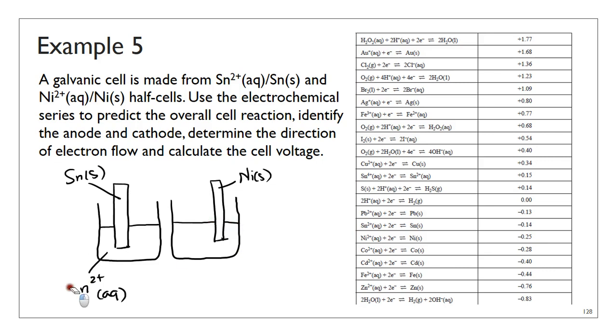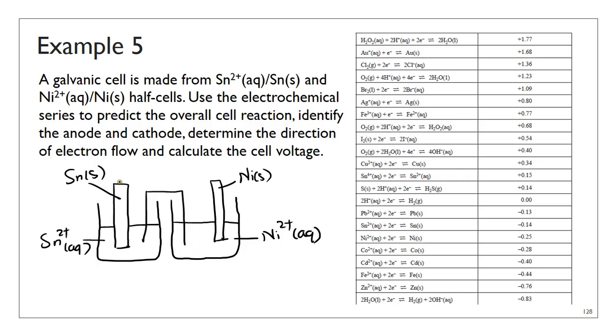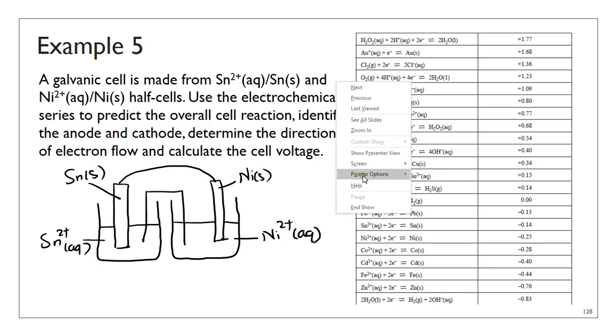So Sn2 plus on one side, and nickel ions on this side. If the question asks for a galvanic cell, I normally just set it up, then you have your salt bridge and your wire, and then you can decide which one is the cathode and which one is the anode afterwards.